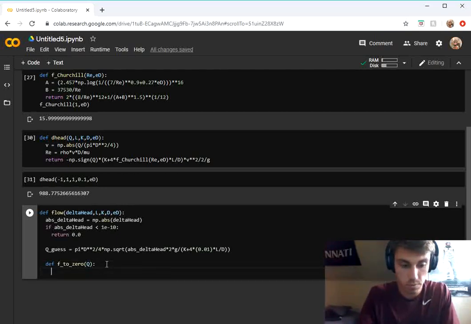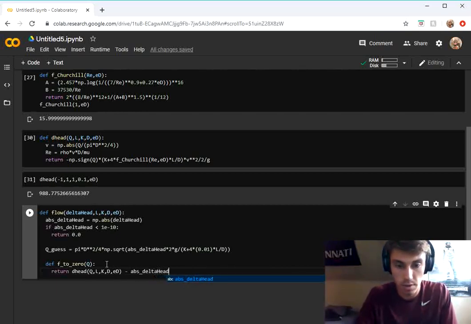So return d head to L, K, D, ED, minus absolute value delta head.